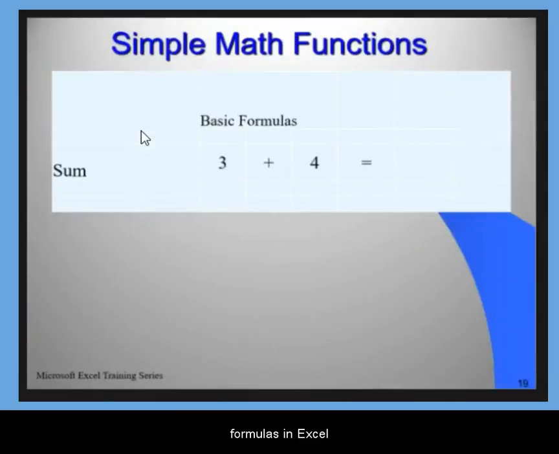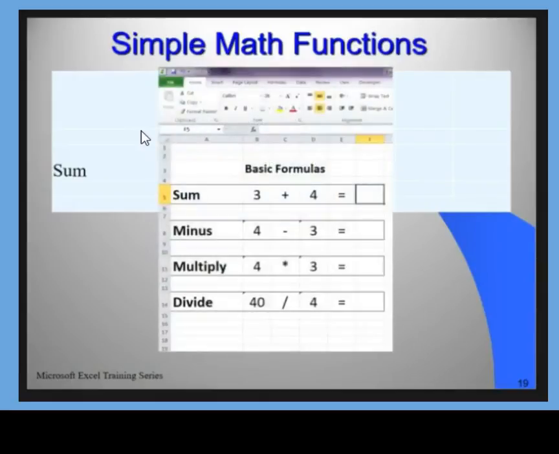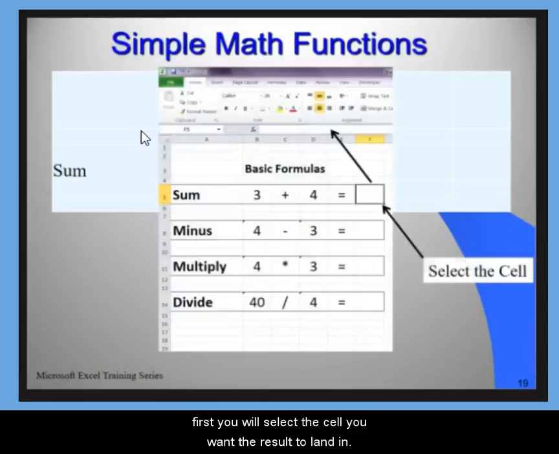So if I want to do a real basic formula in Excel, I want to add 3 plus 4, or in this case, whatever is in one cell, I want to add it with whatever's in another cell, and I want the result. So I'm going to select the cell, and then jump up to the formula bar.